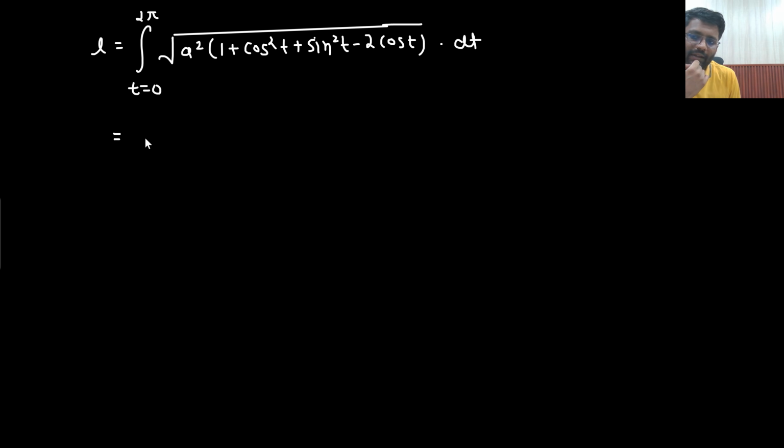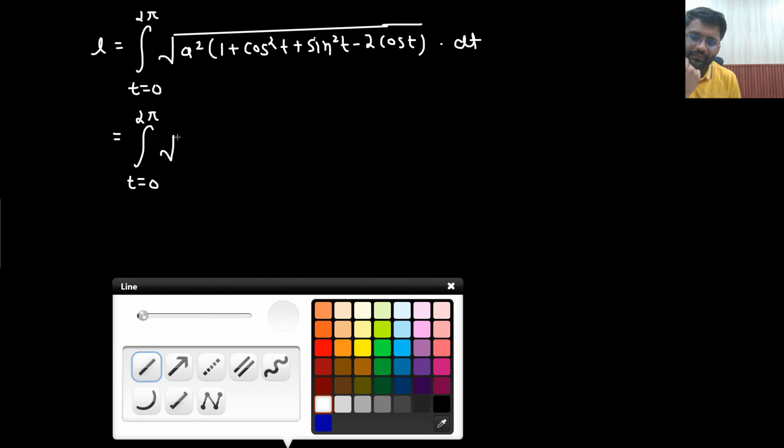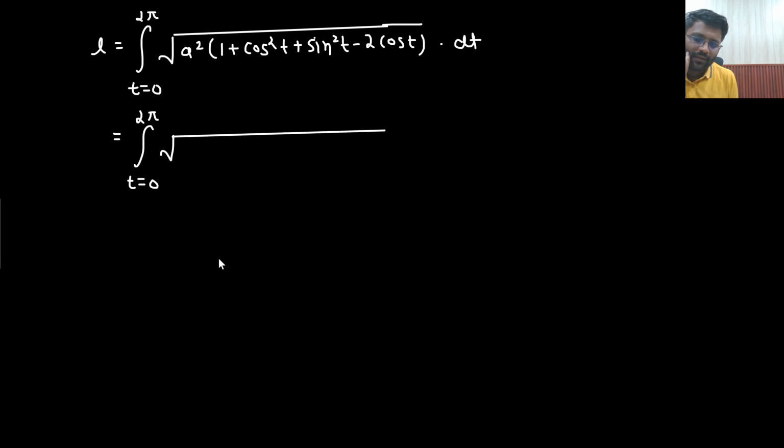Right? So what you are getting? t going from 0 to 2 pi, a square, 1 plus 1 is 2, 2 minus 2 cos t dot dt.